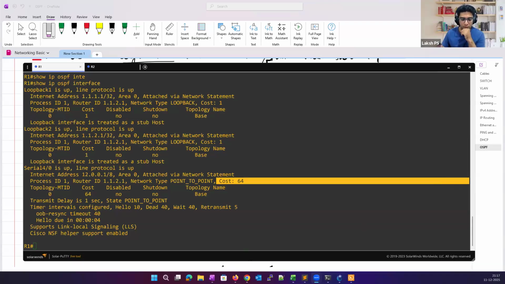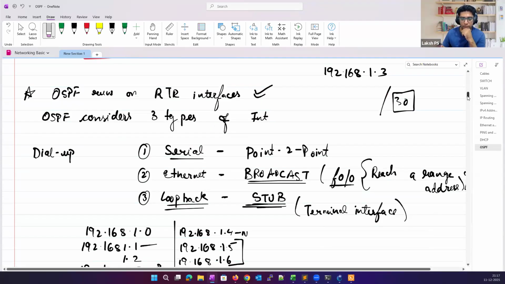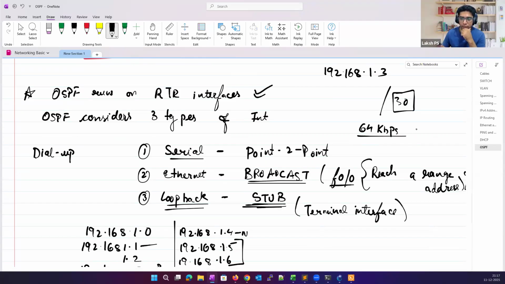I would like to rephrase my statement here. The serial link that we have been talking about actually consists of multiple 64 kbps links, and when they are bundled together they give us a speed of 1.544 mbps.